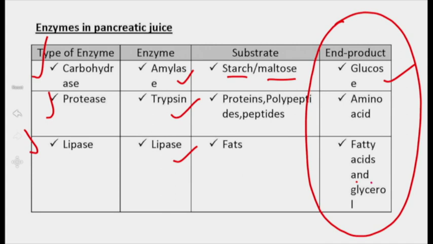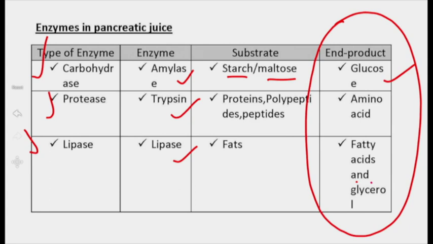Let's look at the protease. The trypsin will act on the proteins, polypeptides, peptides, as said earlier. We said the proteins in the stomach will be acted on by pepsin to polypeptides and peptides. Poly means many, like a polymolecule. So we have these long chains of peptides and the short-chained peptides themselves.